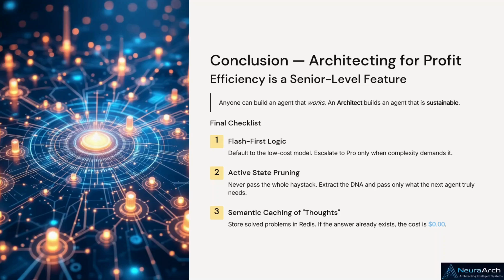The second one is state pruning, where you will not pass the entire context to the LLM. You will analyze it, get the abstract out of it, and then process it. And the third is semantic cache. Don't pay for the same work again and again. Get it at $0 cost.